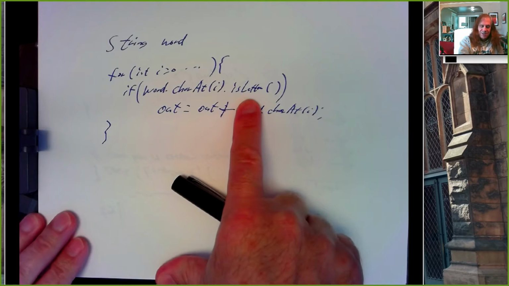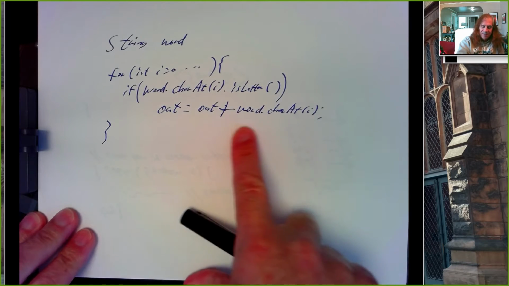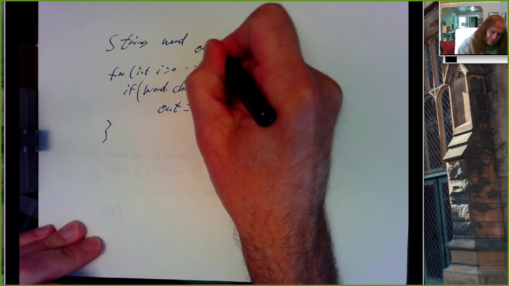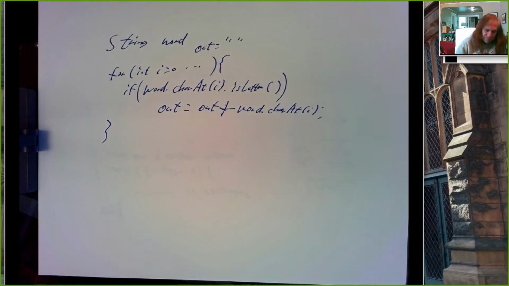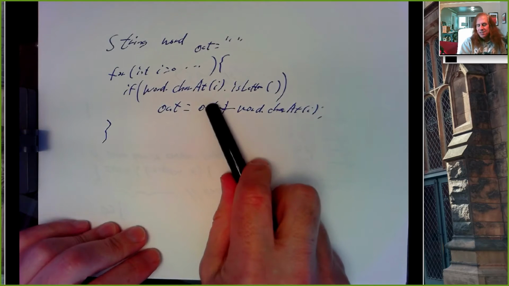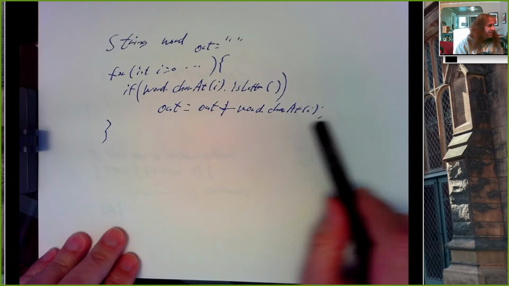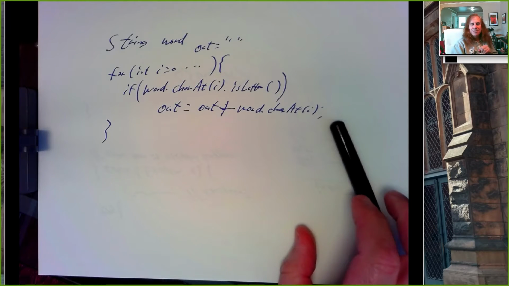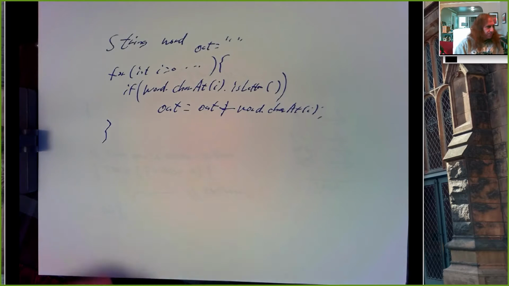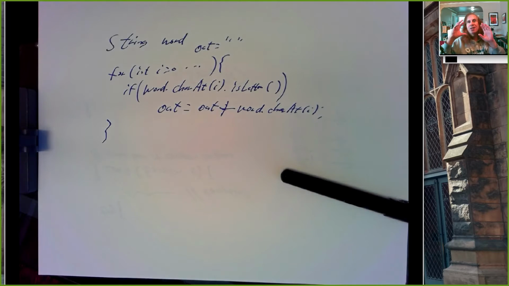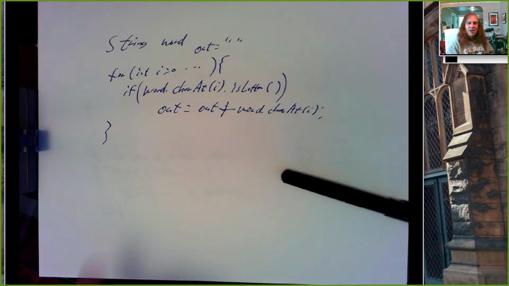And then you can see if that's a letter, and if it is, then append that first character to an output string that you initialize to an empty string, and then set i equal to 1 and see if the character at 1, which is the second character of the string, is a letter, and if it is, append that, and keep going like that. So word.charAt(i) is what we used to do in C by saying word bracket i, right? But it's not an array anymore, it's a string, so we use this charAt to index the individual elements.